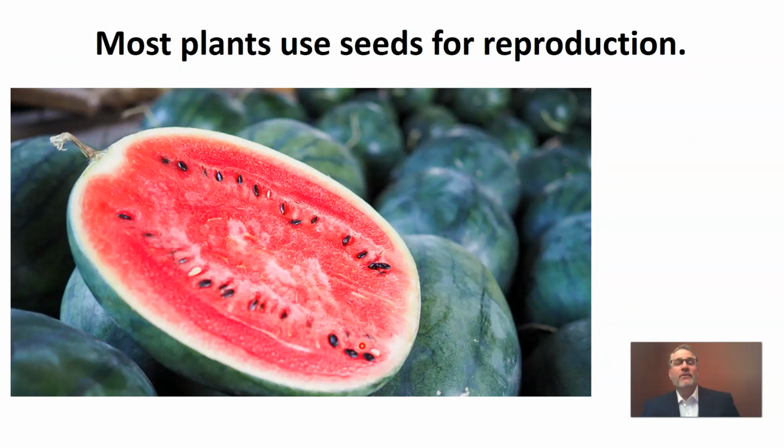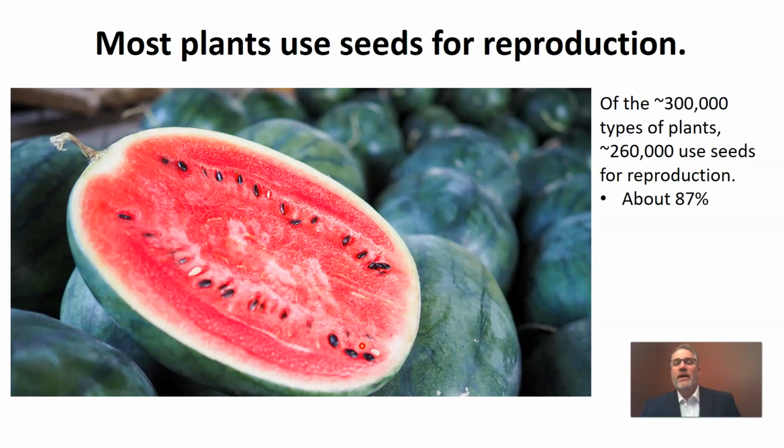When we look at plants, there's about 300,000 different types of plants on Earth, and of those, about 260,000 end up using seeds for reproduction. So it's very clear that most plants use seeds for reproduction. Looks like about 87%. It's a very specific number. And so you may say, why so many?